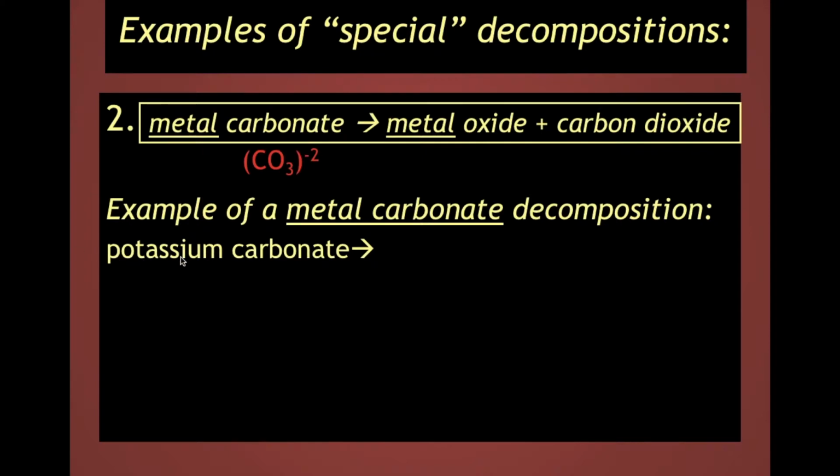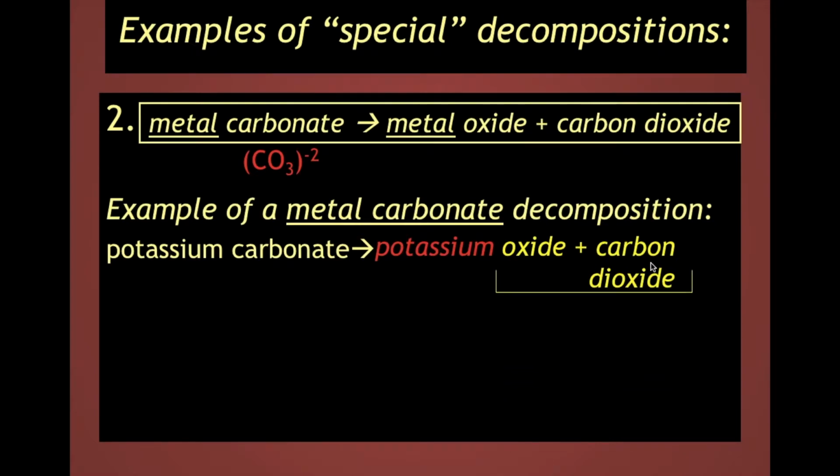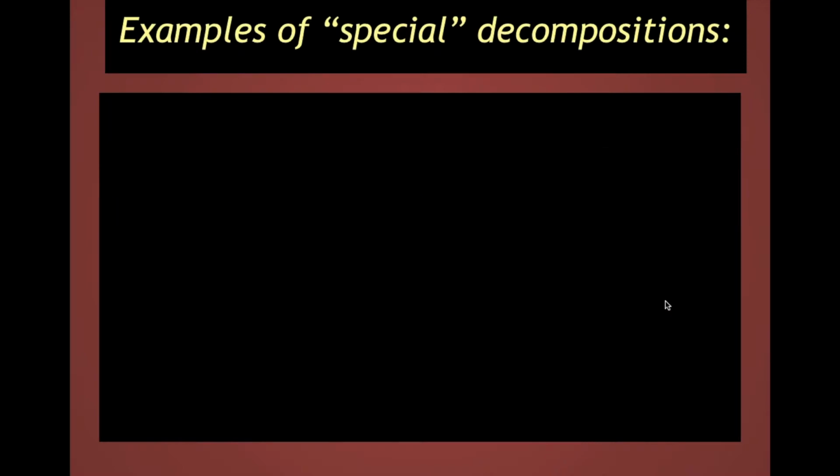So as an example, you have potassium carbonate. The product would have potassium and then all of this. So potassium oxide plus carbon dioxide should be the answer. And it is. So that yellow is always part of the product. Okay, so if this was sodium carbonate, it would have sodium oxide plus carbon dioxide.